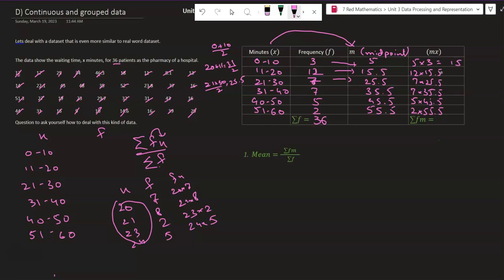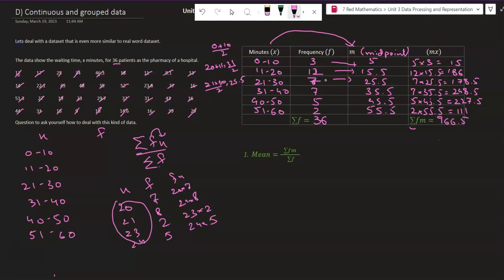That's a 15, that gives me 186, that gives me 178.5, and 7 into 35.5 gives me 248.5, and then this gives me 227.5, then 111. And I have to add all of these values, which is what summation means.